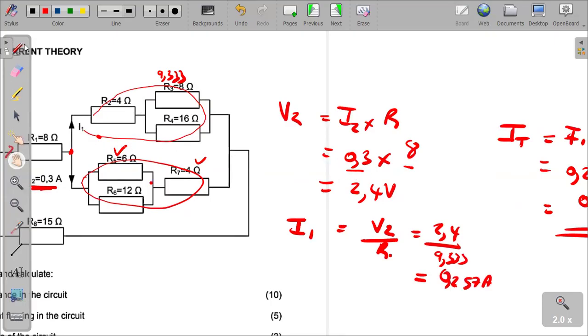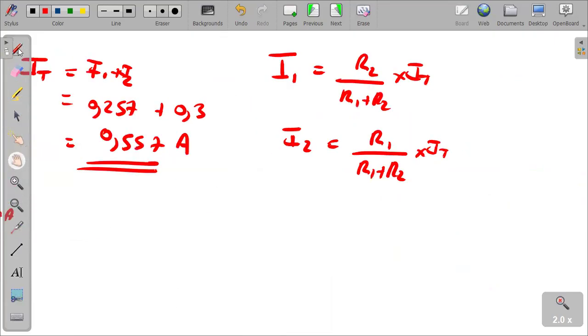What then is going to be our R1? Our R1 shall apparently become this 9.33 that we got, and our R2 will become 8 ohms, the effective resistance of this whole other branch. So using those two resistances, by making IT the subject, we multiply both sides by R1 plus R2.